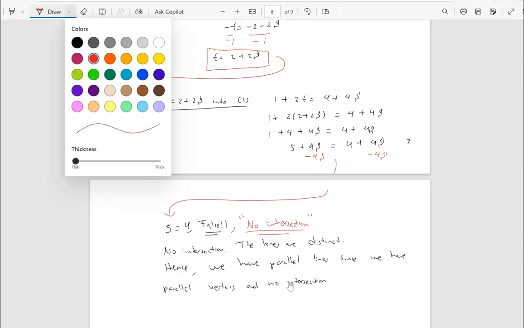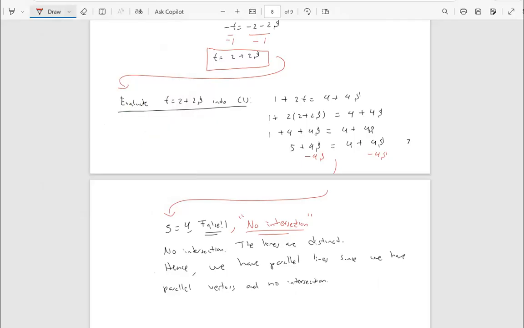Okay, since we have parallel vectors and no intersection, we must have parallel lines.